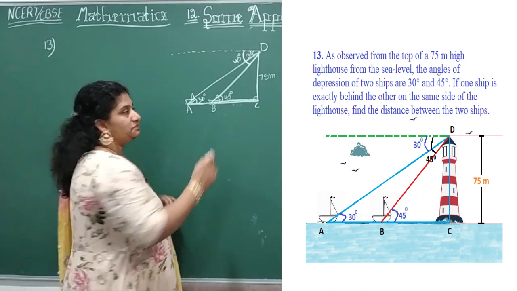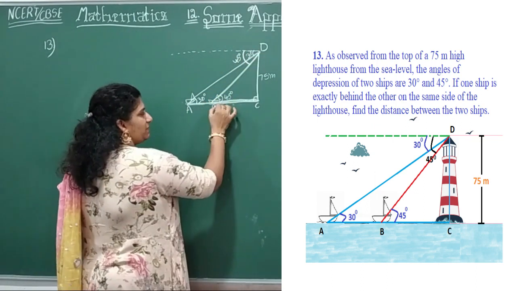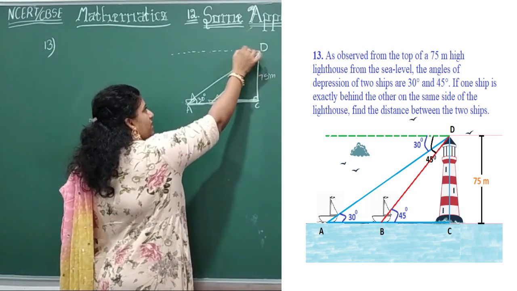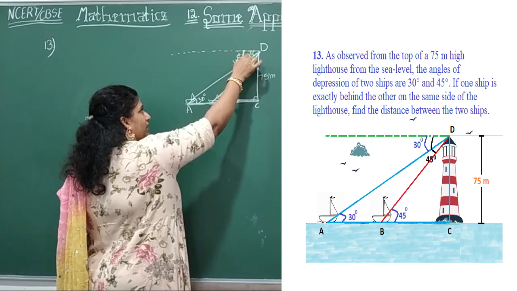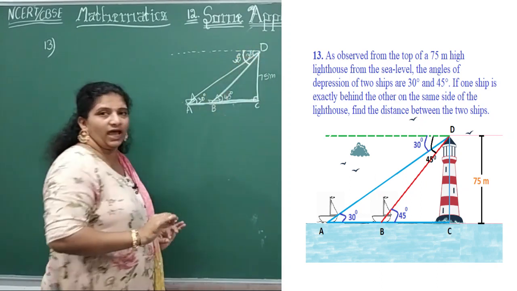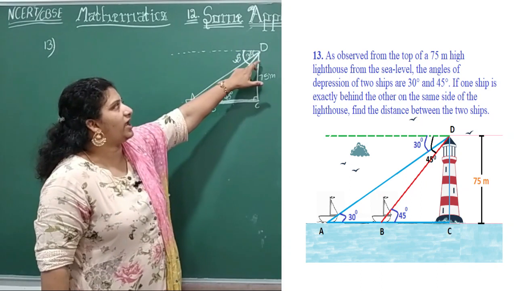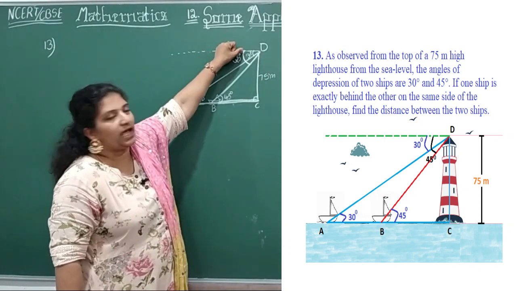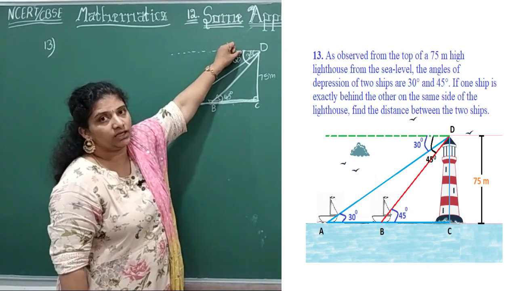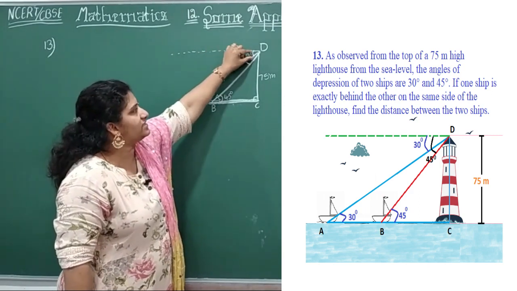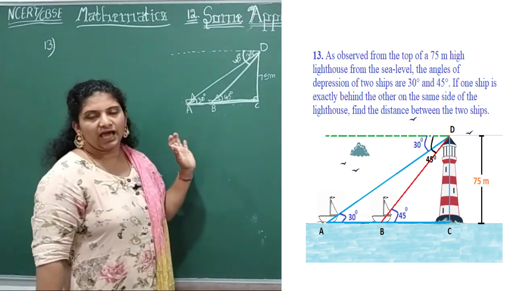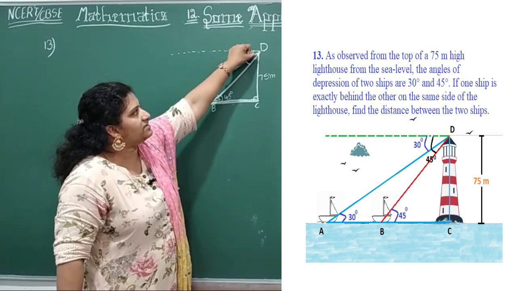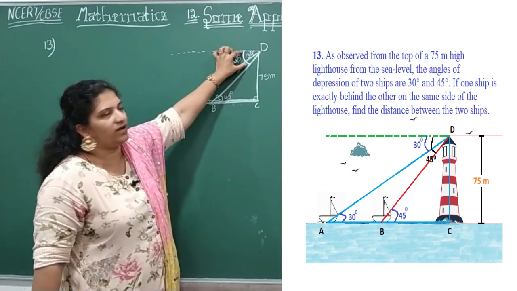Now next, ship B. Okay, so from here again the horizontal line, you have to start your angle. Don't try to start your angle from here or here. Okay, you have to start your angle from the horizontal line. So first depression it is angle 30 degrees, and again second depression it is 45 degrees.